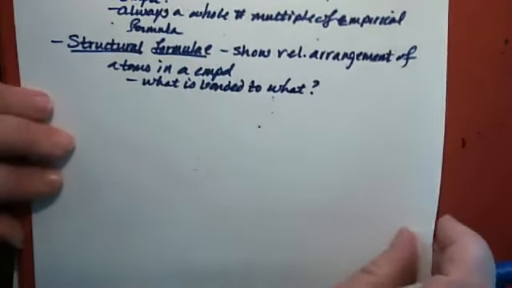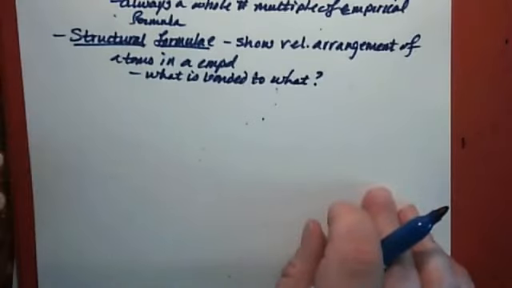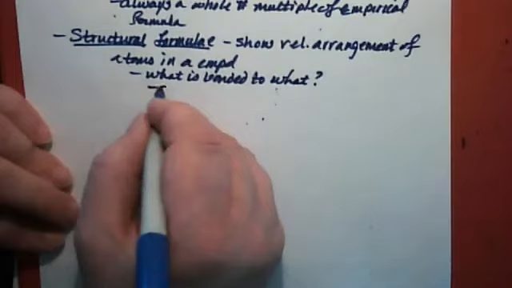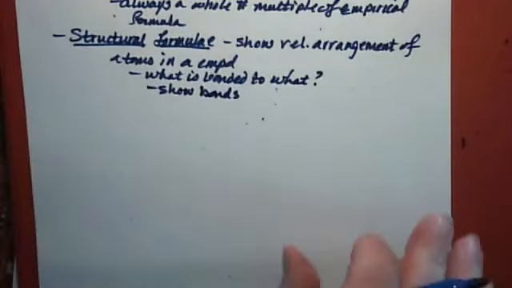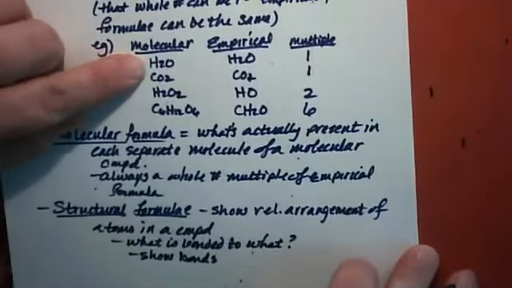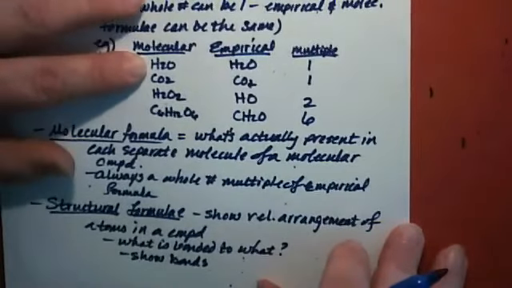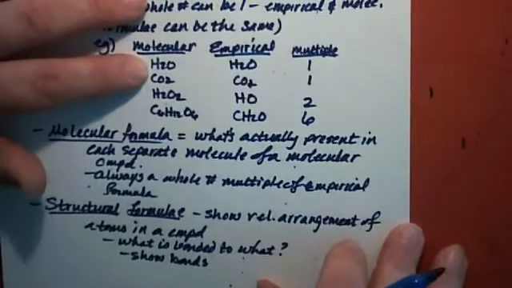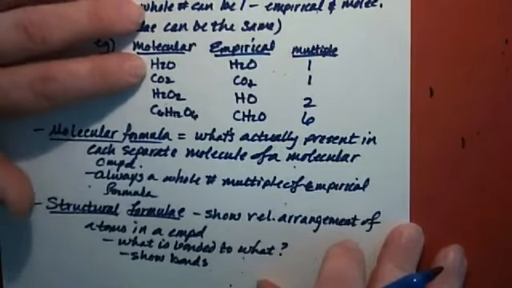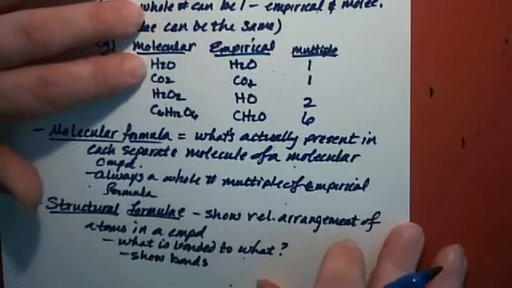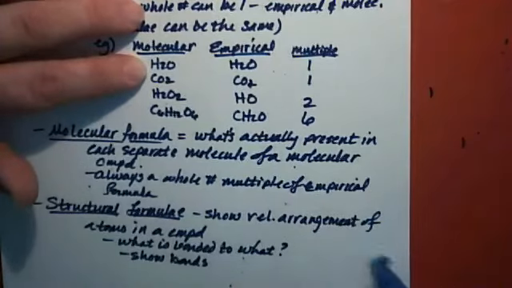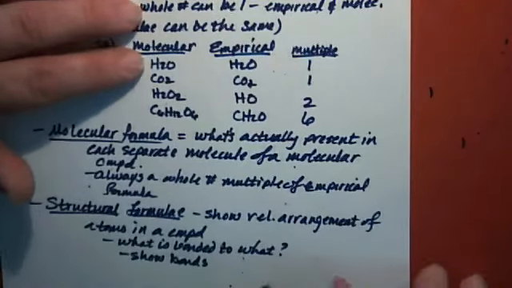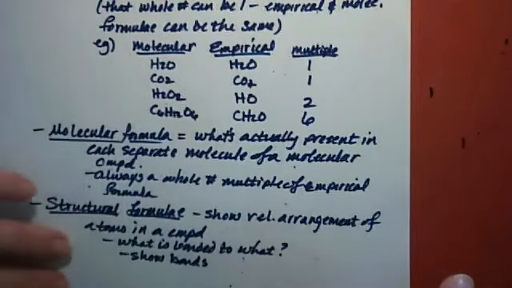Or in other words, what is bonded to what within the compound. Because structural formulas actually show the bonds. If you have just a formula like even H2O, just looking at that formula, how do you know what's bonded to what in that molecule? Is the oxygen in the middle with 1 hydrogen on each side? Actually, that's it. But you don't know by looking at it. It could be hydrogen, hydrogen, oxygen. Or, you know, I think that's probably about the only 2 possibilities.